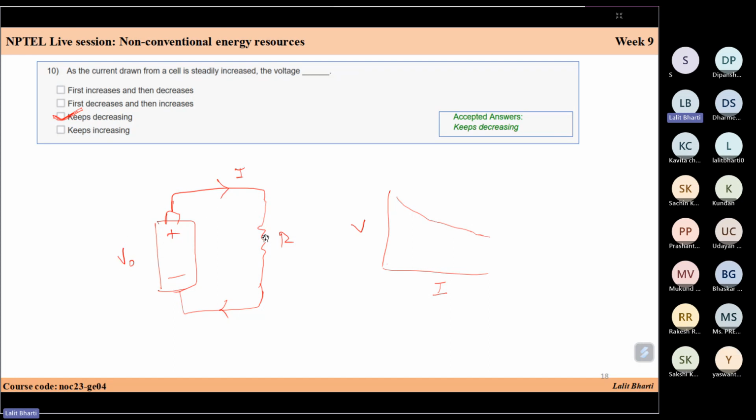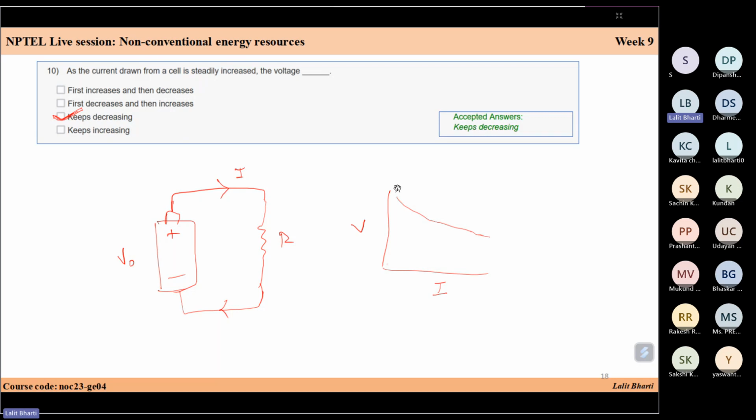You have some current flowing, and you have some resistance or load here. If your current is continuously drawn, your voltage will decrease. If you increase the resistance, your voltage will decrease over time, and you need to recharge the battery.